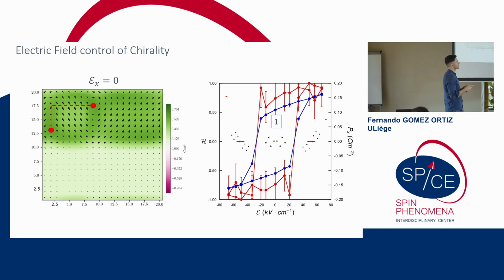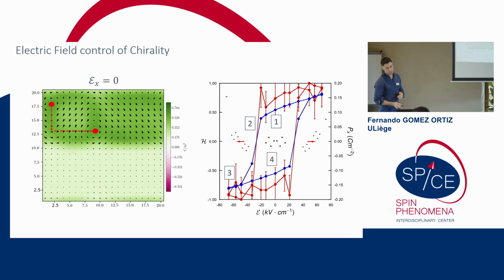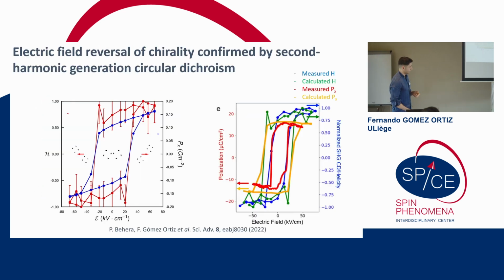As we can see here, by changing the electric field, we can generate a different buckling between the vortex cores, and this is coupled with the helicity, or the chirality, and therefore we can control the chirality of these structures by means of an external electric field. This was the first time that this was done. And this is the numerical values that I get, and the correlation with the experiment is pretty much perfect.